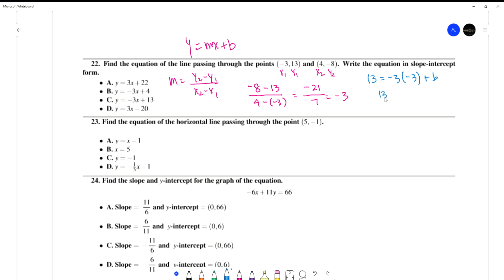So I have 13 is equal to 9 plus b. Therefore, b is equal to 4, right? 13 minus 9 is 4. So what's the equation of our line? The equation is y equals negative 3x plus 4. And that is answer choice B.